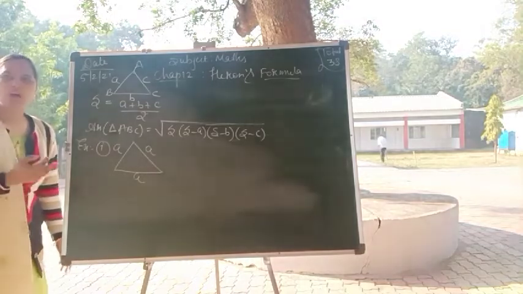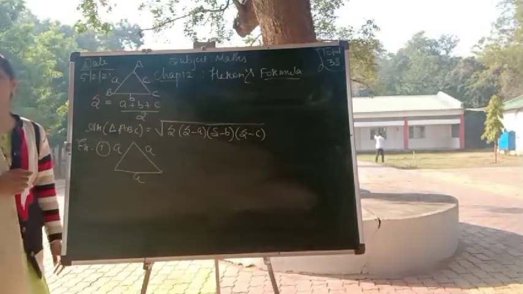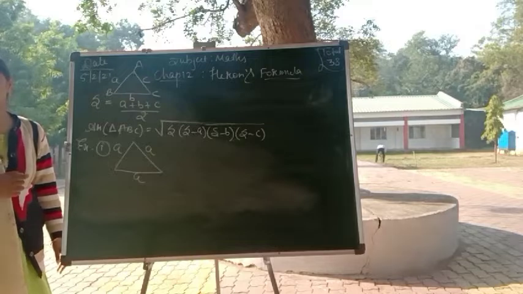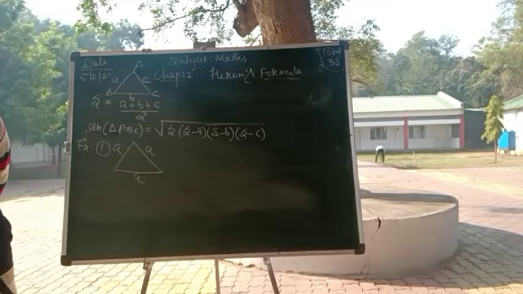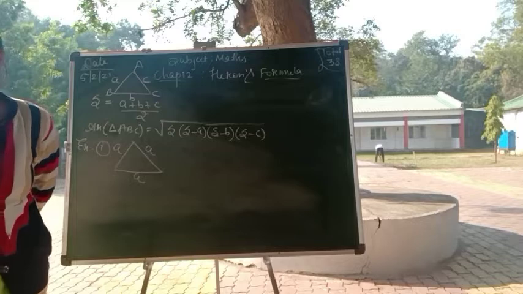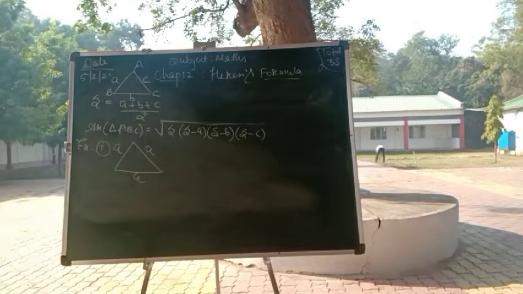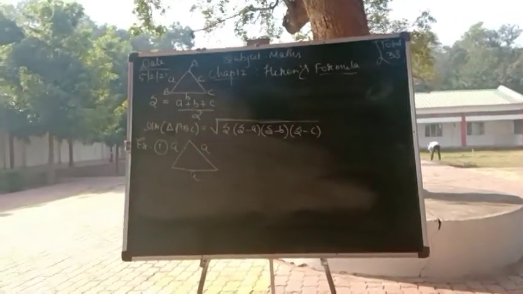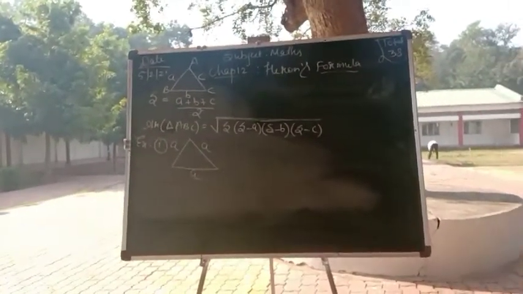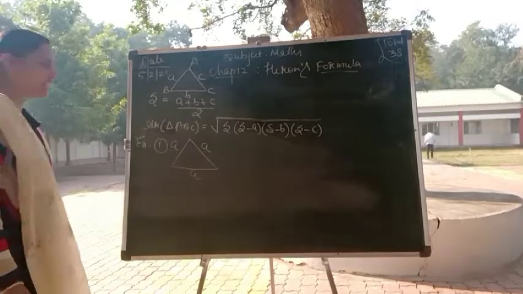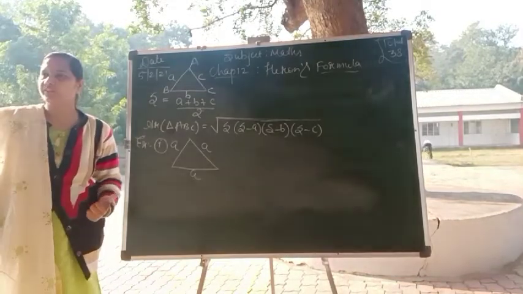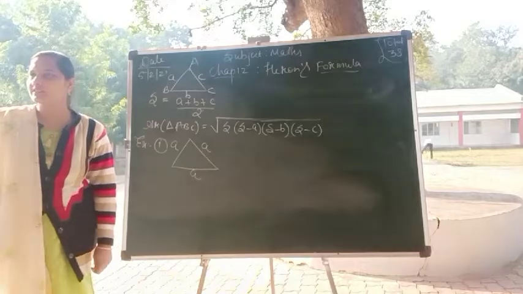Find out the area of this equilateral triangle using Heron's formula. By Heron's formula, you have to find out the area of an equilateral triangle having sides a.